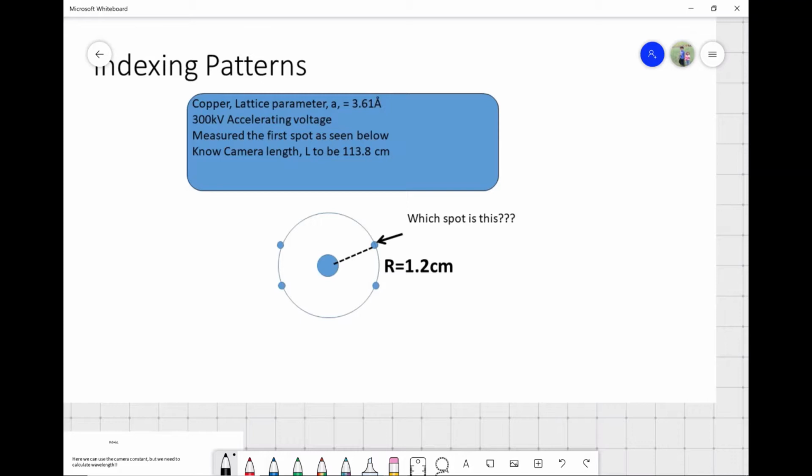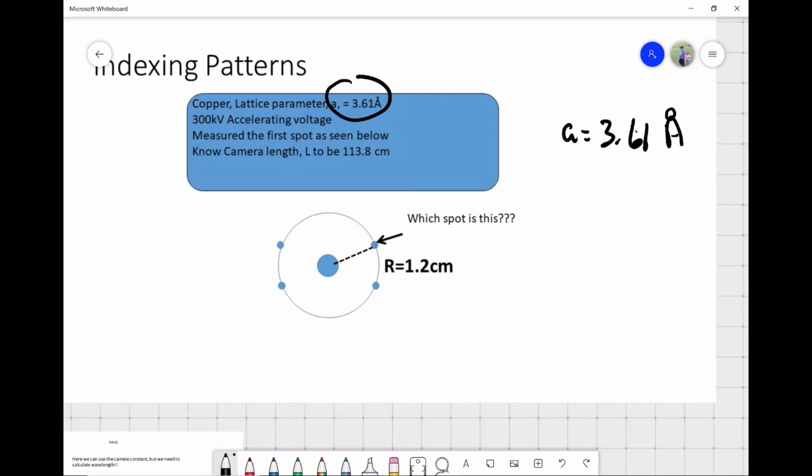So this is a safe assumption. So we know our a, little typo there, is 3.61 angstroms, because we know we're looking at copper, because we had to electrojet polish etch it to make our specimen.